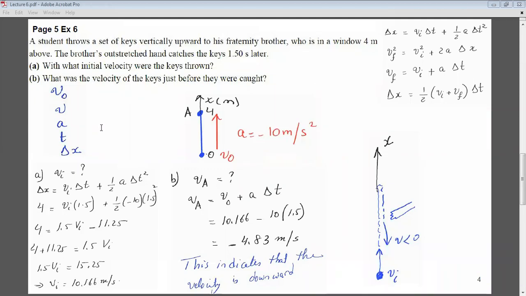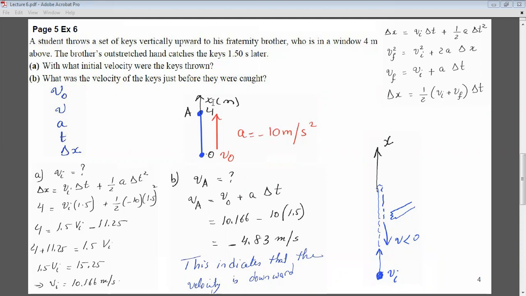So let's always think in terms of, in these problems, if we look at the formulas, we have delta x, v initial, v final, acceleration, delta t. So whenever we want to solve any exercise, we just put aside v initial, v final, acceleration, delta t, or delta x. What is given here?